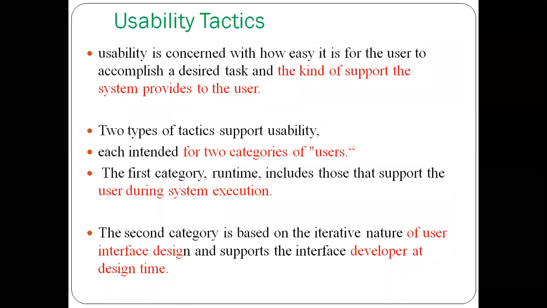It will ask the user, please wait for 5 minutes, or please wait a while, don't go back. This kind of message is generated by a system. If any problem occurs while using that system, it will ask the user, please wait a while, don't go back, we are working on your task.